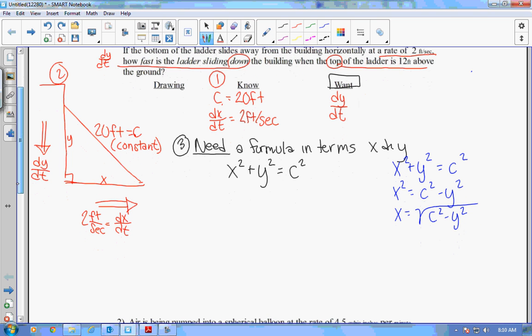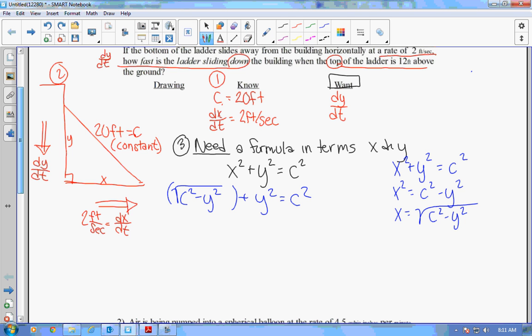So if we replace x, remember it's squared, with the square root of c squared minus y squared, plus y squared equals c squared, then everything's in terms of y, and we know c is a constant number, 20. So it's okay now. Step 4 would be take the derivative, implicitly differentiate.